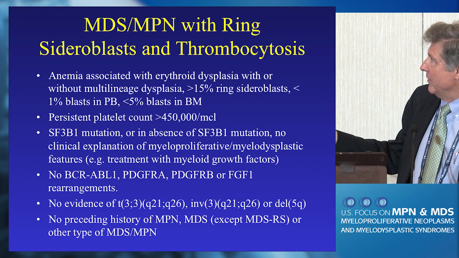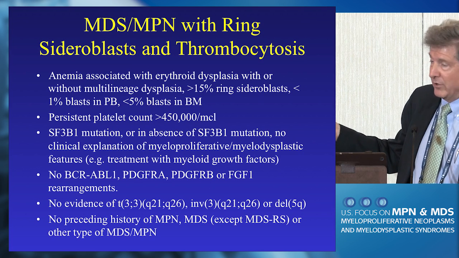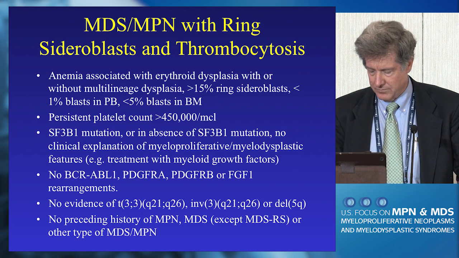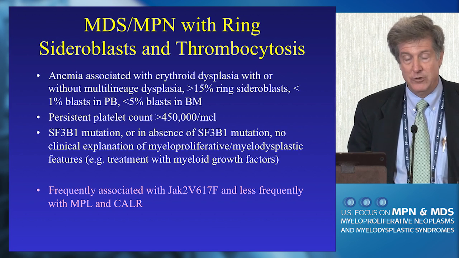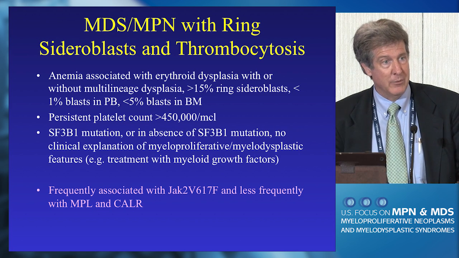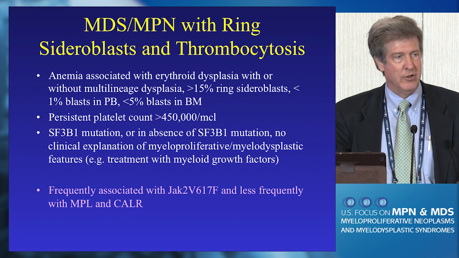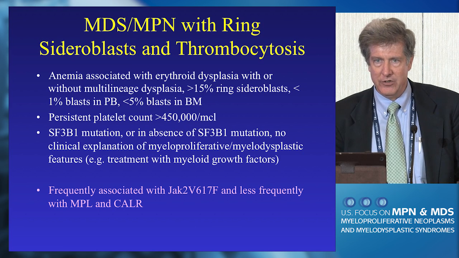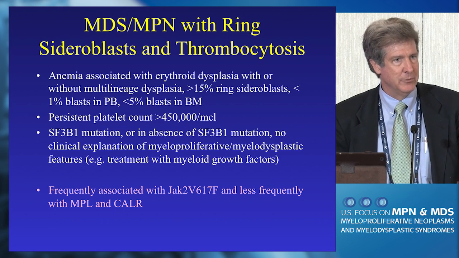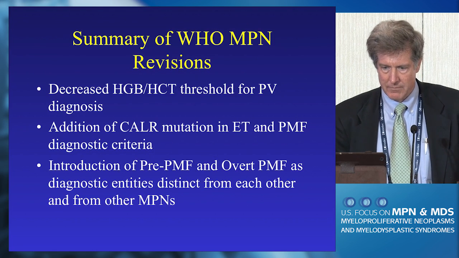Often there is elevated platelet count and greater than 15% ring sideroblasts and erythroid dysplasia. But many of these patients also have JAK2 mutation, and less commonly MPL or calreticulin mutation. And so which of these genetic features is really driving the disease, and how they should be best clarified, I think is still a contentious point.